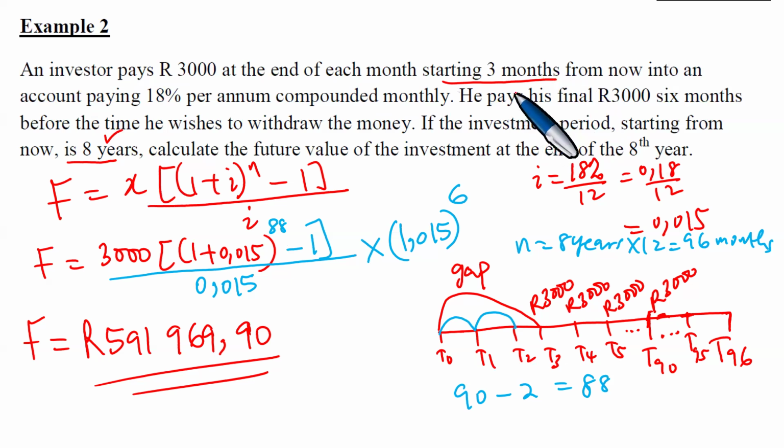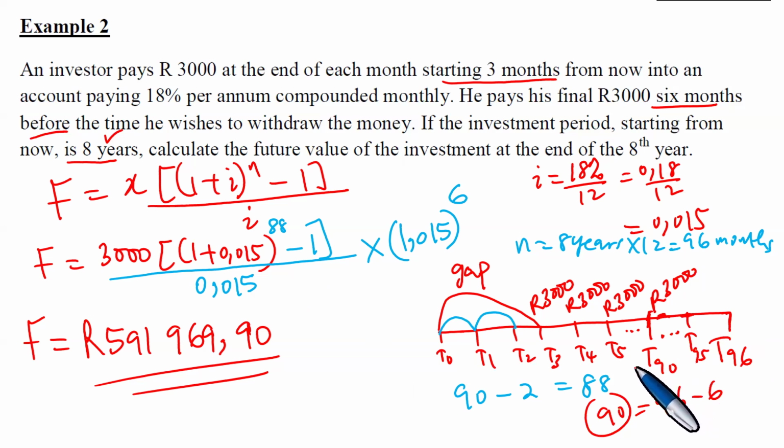He pays his final 3,000 6 months before the end. The total number of months is 96, so 96 minus 6 gives exactly 90, so there's a payment at time T90.